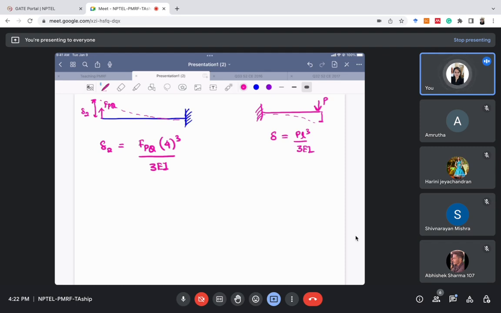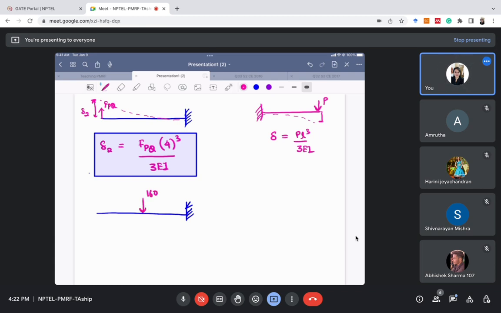Now let's find delta 1 also. So this is our structure. Here I have 160 kilonewton.